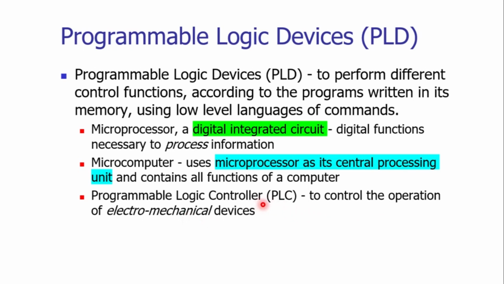A Programmable Logic Controller also incorporates the microprocessor as the central processing unit, and it controls the operations of electromechanical devices. But a PLC is working in very harsh conditions, so its construction must be very rugged, very robust.